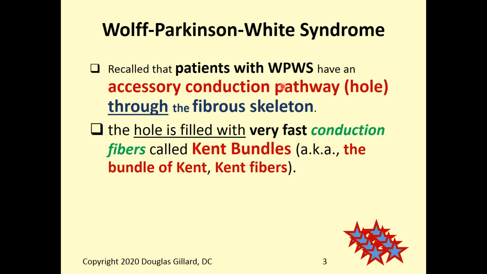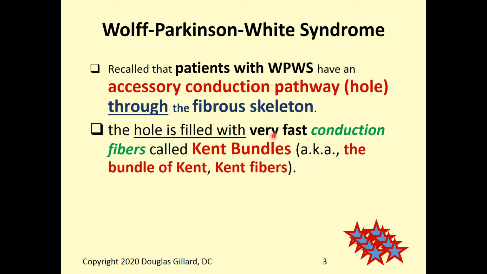So Wolff-Parkinson-White syndrome is an accessory conduction pathway, which is just a hole. Well, it's more than a hole though, but it's a hole through the fibrous skeleton. It's not supposed to be there. And that hole is filled with usually some very fast conductive fiber, faster than the bundle of His, for example, or the bundle branches.